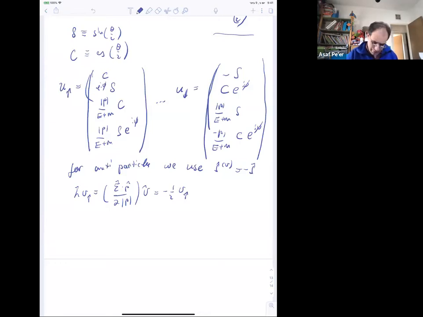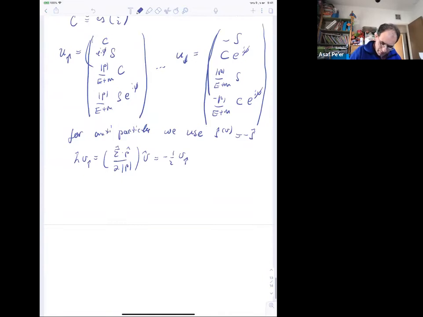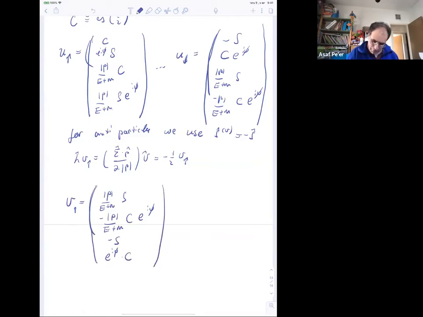Normally I check all the equations, but this one I just copied from the book, so I hope they didn't make any mistake. v up is p over (E plus m) S, minus p over (E plus m) C e to the i phi, and then minus S, and e to the i phi times C. And just for completeness, v down is p over (E plus m) C, p over (E plus m) e to the i phi S, C, and e to the i phi.